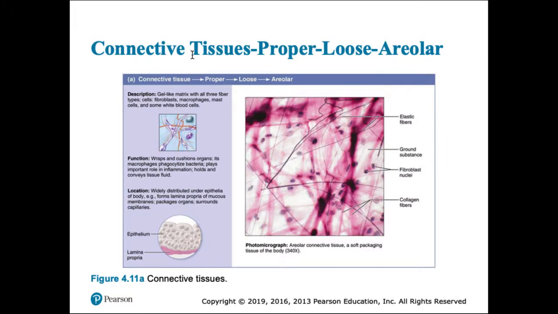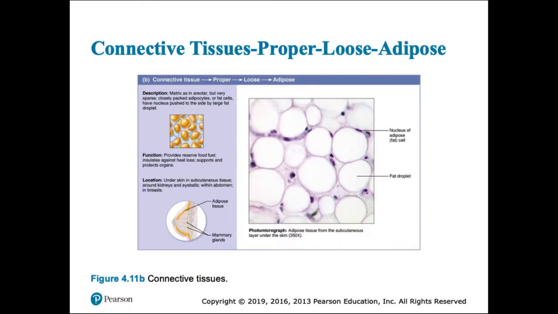So connective tissue proper, loose areolar. You can kind of see what that looks like under a photomicrograph. Basically, it wraps and cushions the organs, typically found under the epithelium in the body, mucous membranes, around organs, around capillaries. That's where you're going to find this. You can kind of see there's the epithelium, and then there's the lamina below that.